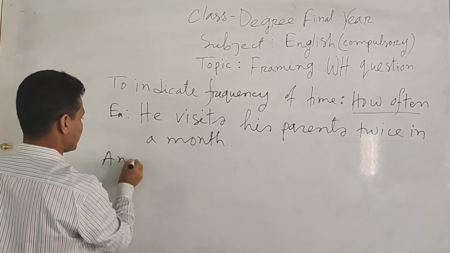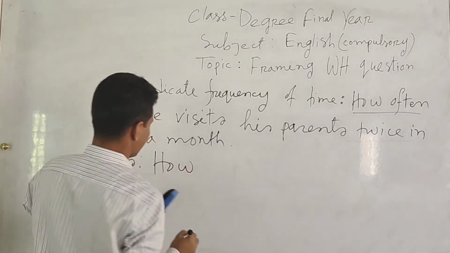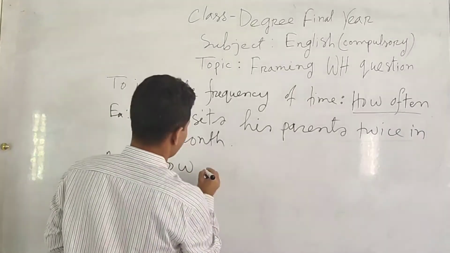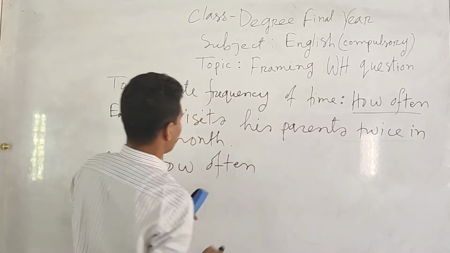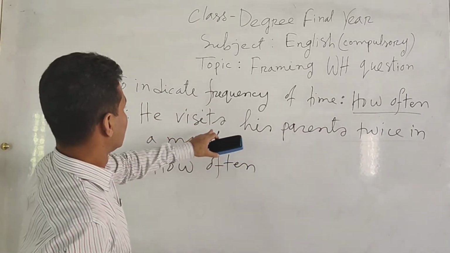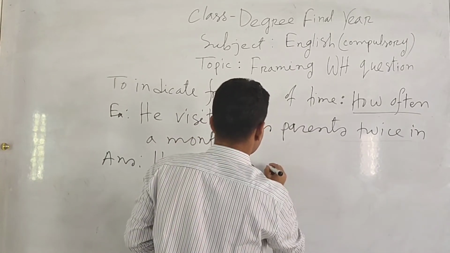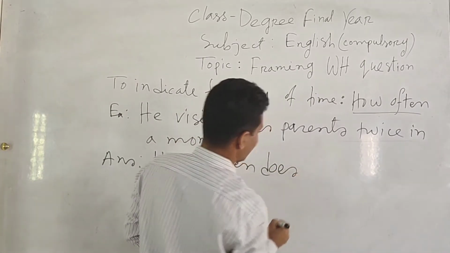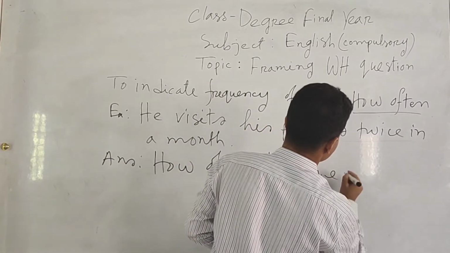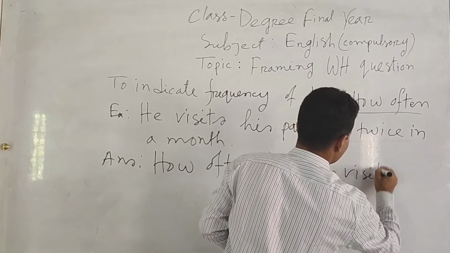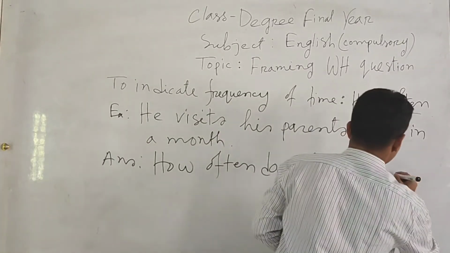Answer, how often. At first you have to write down how often, auxiliary does, how often does he, subject he, how often does he visit, how often does he visit his parents.